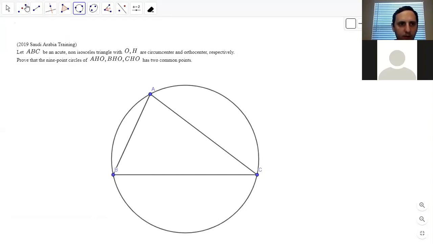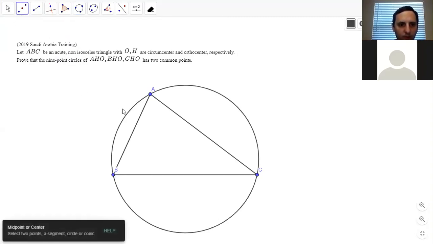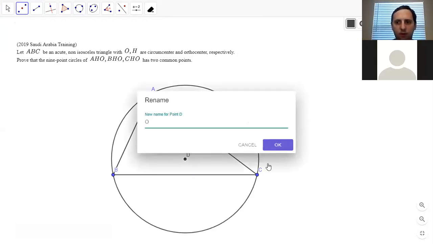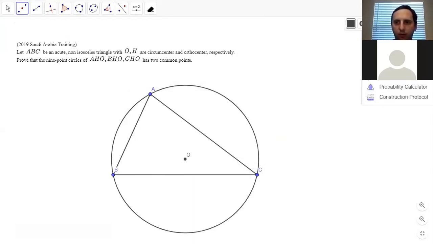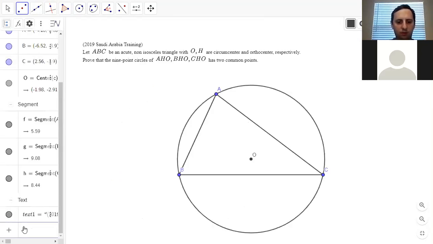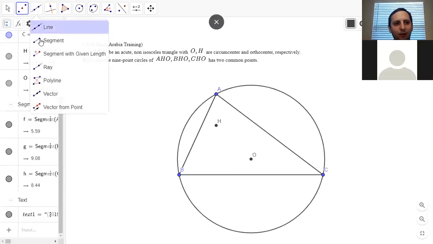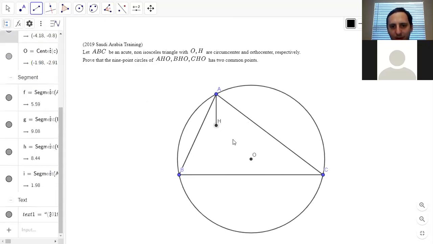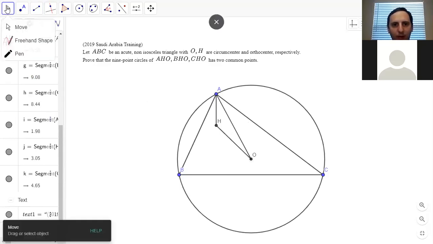I'll call this O, and then H is the orthocenter. That's H. And then we draw the 9-point circles of AHO, BHO, and CHO. And we want to show that they have 2 common points.